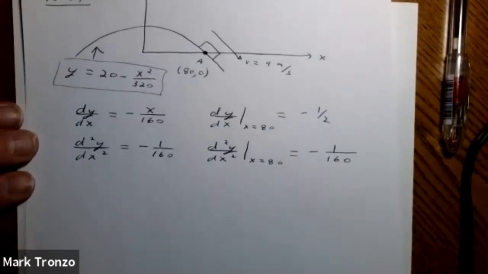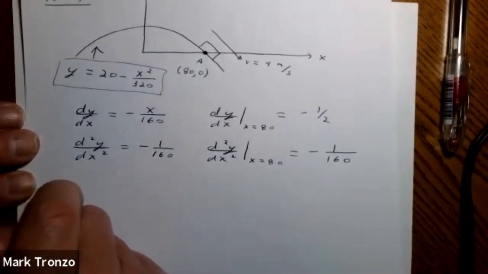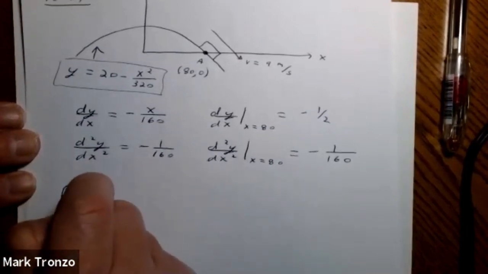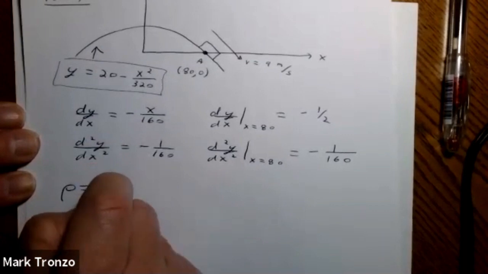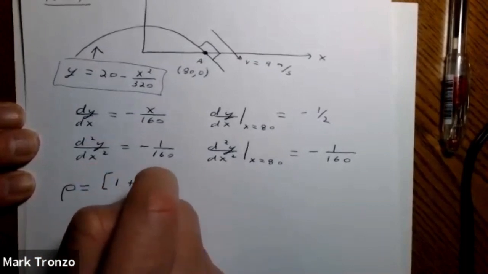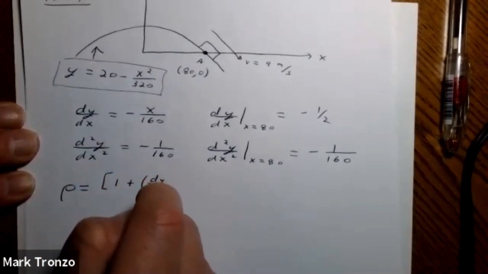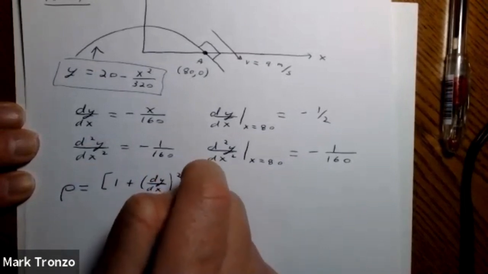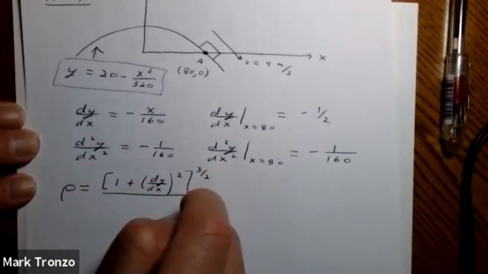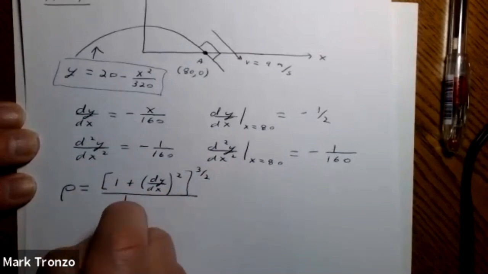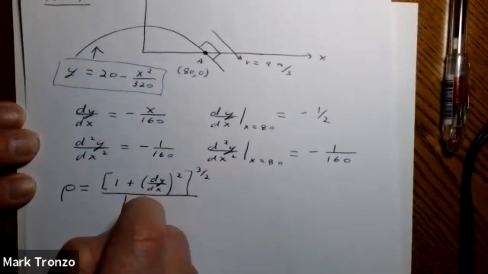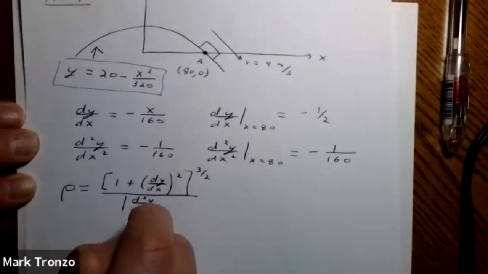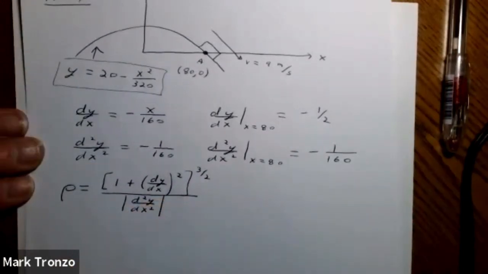So now we can put all those into our equation for our curvature. Remember that was 1 plus dy dx squared to the 3 halves, with this.